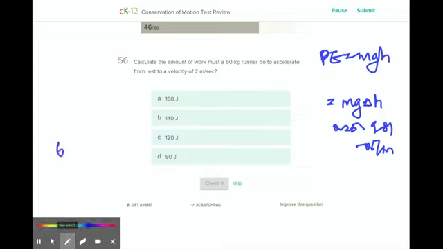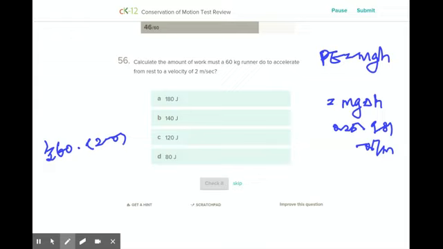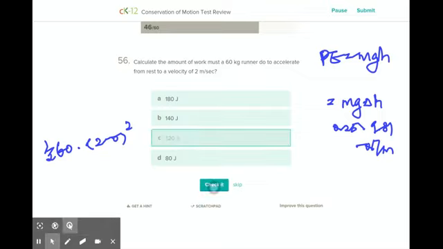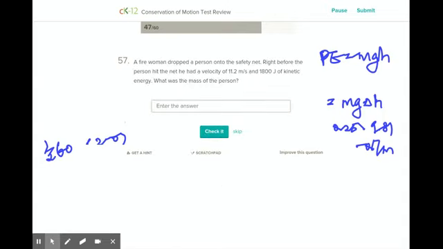So you can calculate it: half times 60 times the final velocity, which is 2, squared, minus 0. If you calculate it, you should get 120. Okay? So 120. All right.